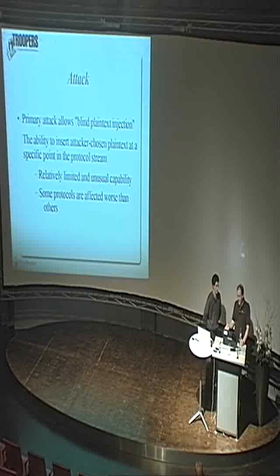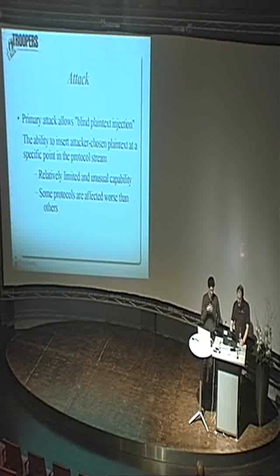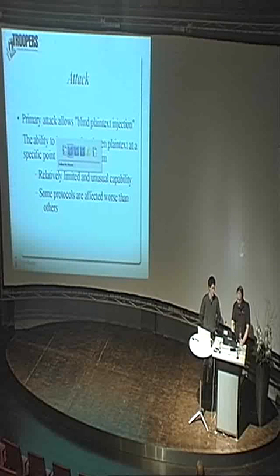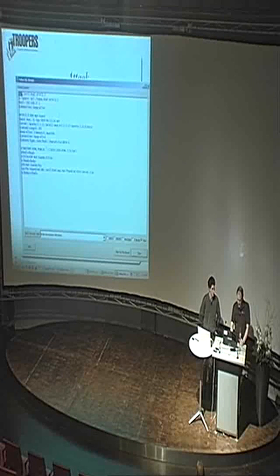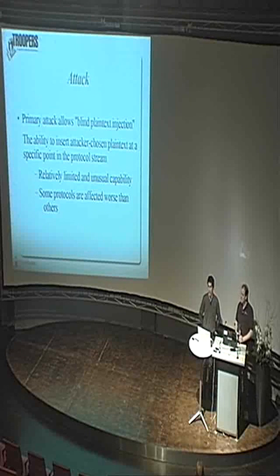But the main attack is this blind plaintext injection. So the attacker can insert a little bit of plaintext at the specific point at the beginning of the SSL protocol stream. And we call it blind because the attacker still can't read the SSL stream.